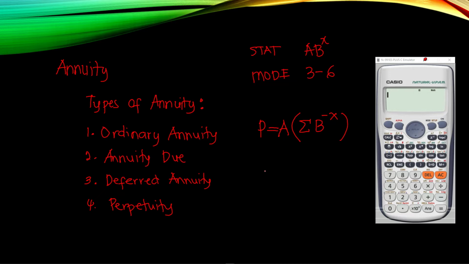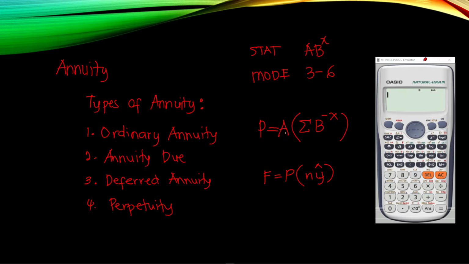So, yung annuity natin is somewhat may compound interest pa din yun. So, we have F is equal to P times NY hat. Okay, don't forget this one, kasi magagamit din natin ito. Kasi ang concept lang natin na binigay ngayon is P is equal to annuity times summation of B raised to the power of negative X. Now, yung P, ito yung present amount of money.